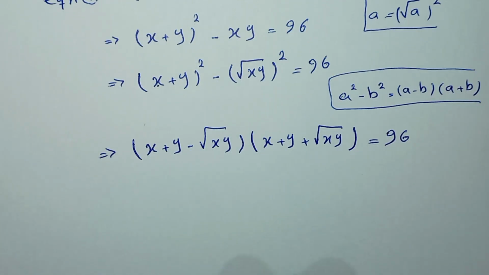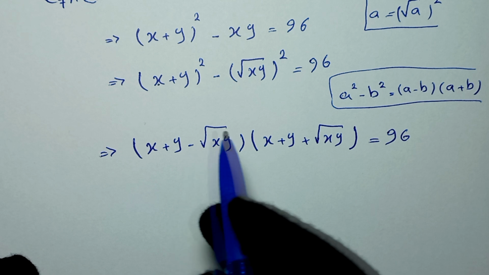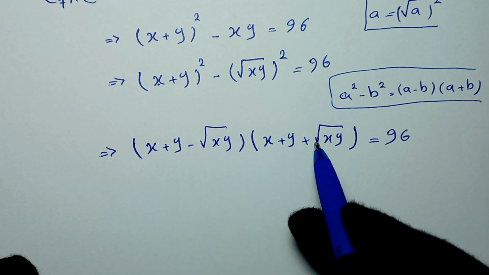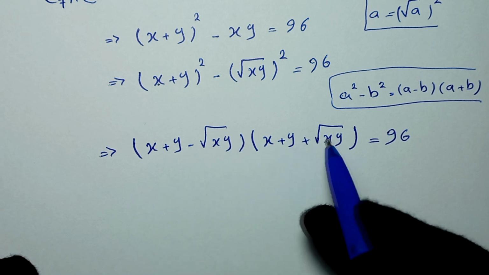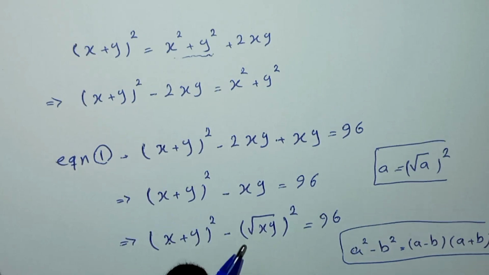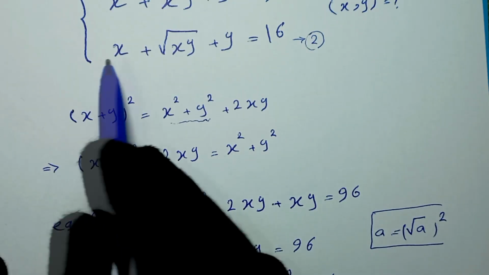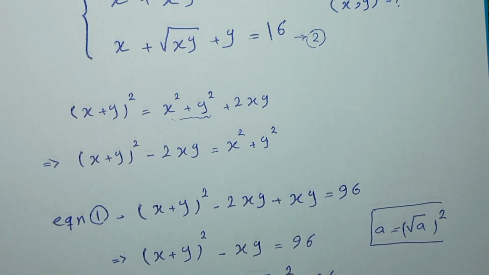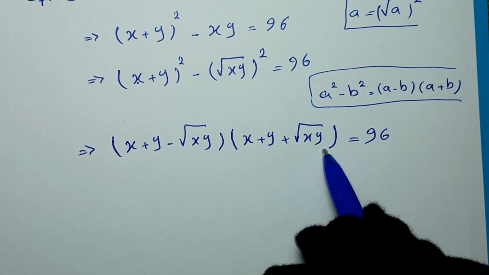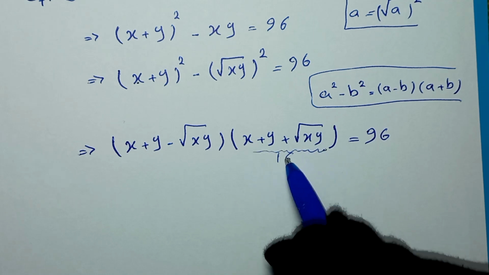So in here we have x plus y plus the square root of xy, and from equation number 2, this is equal to 16. So this part is equal to 16.